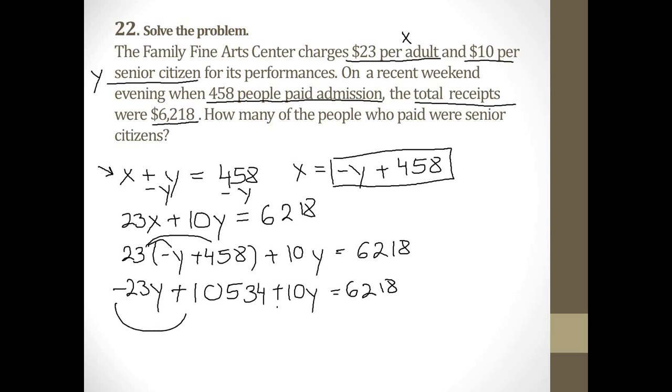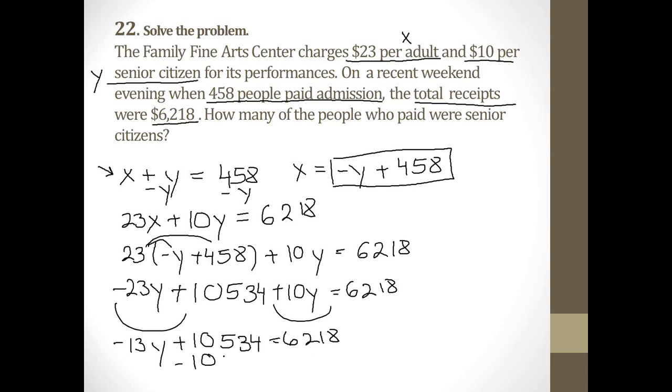Okay, combining like terms on each side, right here, these two. So negative 23Y plus 10Y, that should be a negative answer, negative 13Y plus 10,534 equal to 6,218.